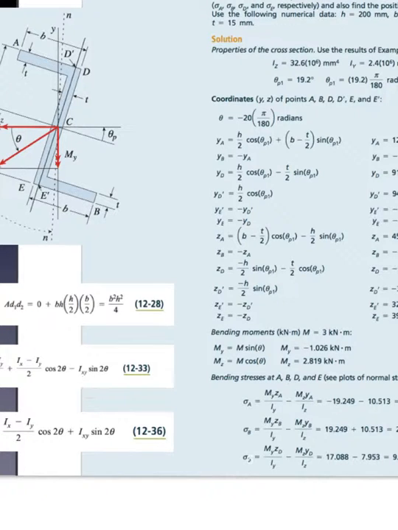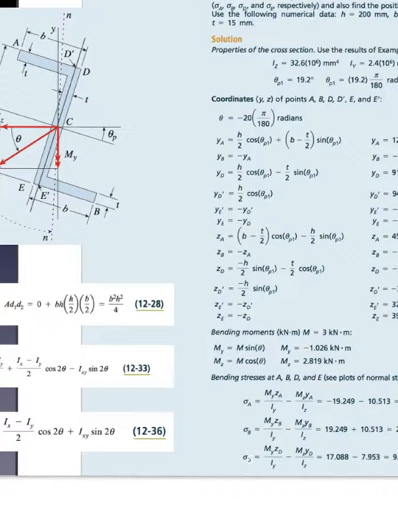The term IXY is the product of inertia and is calculated using equation 1228 as shown there. The equation also requires knowledge of theta p, which, by the way, is the angle with which the Z section is tilted.